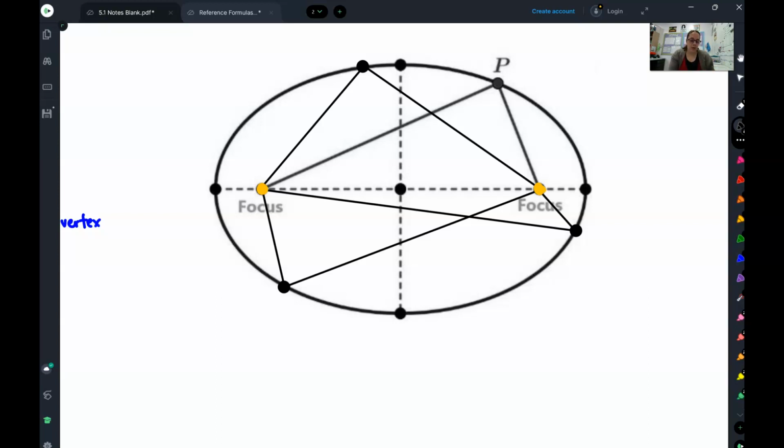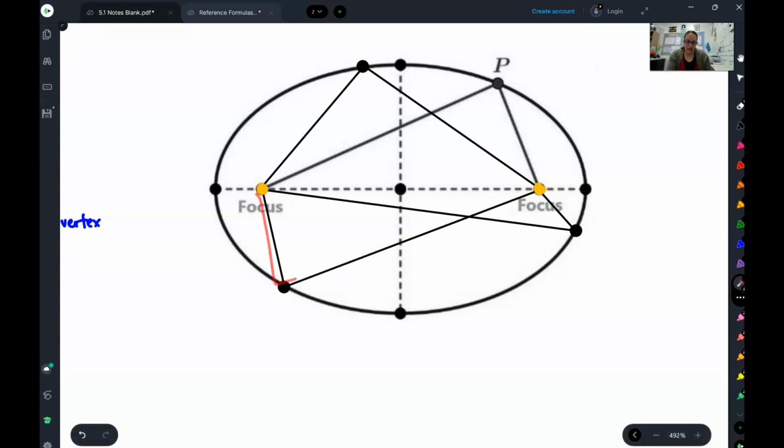But for now, here's what I'd like you to understand. If you have these foci, and you take from one focus point to any point on your ellipse, and then you go from that point to the other focus, if you add those two distances, it's going to be exactly the same at any point on the ellipse.